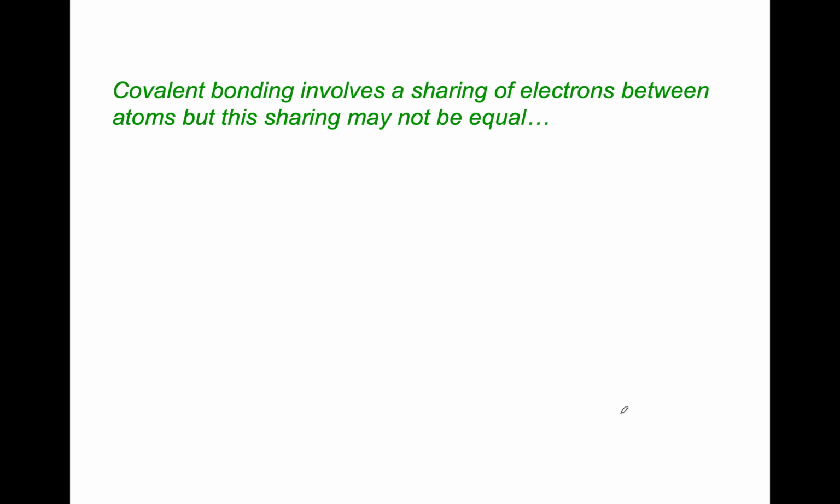Okay, so covalent bonding involves a sharing of electrons between atoms, but this sharing is not always equal. That is a really important point. And this point is why I have dragged you guys through an entire review of atoms and bonding, okay?